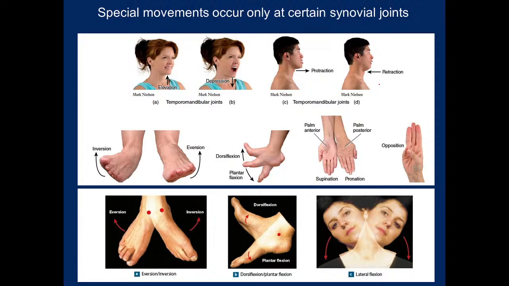And some movements are very special. We call them elevation and depression of the mandible in temporomandibular joints. When we open the mouth, it is depression. When we close the mouth, it means elevation.